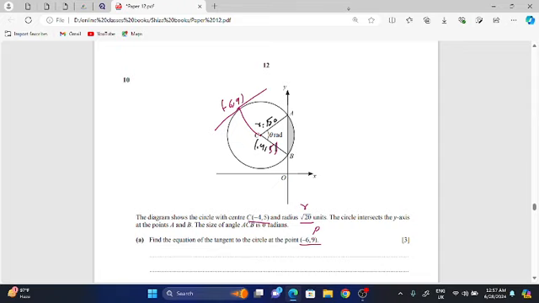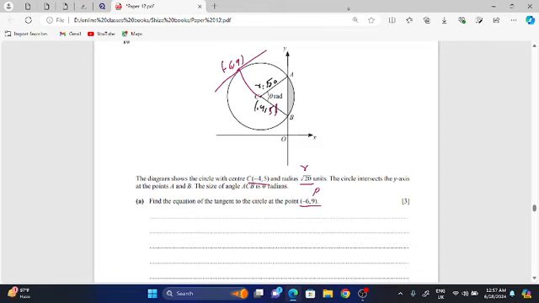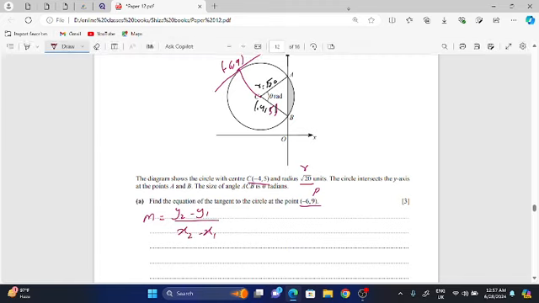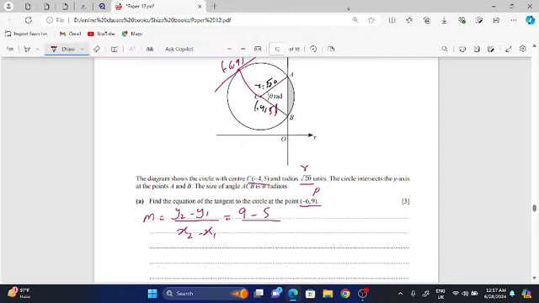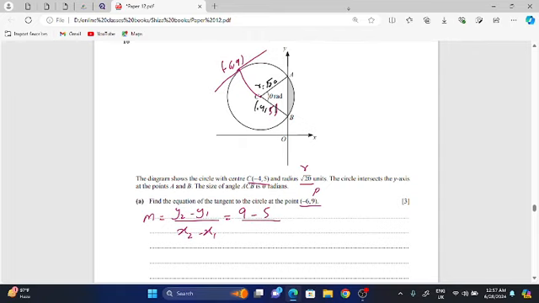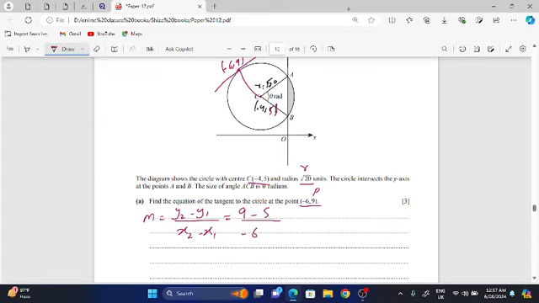So first of all, I need to find the gradient. I need to find the slope, or you can say gradient. That can be written as slope equals y2 minus y1 over x2 minus x1. The value of y2 at the point is 9, so 9 minus 5, where 9 is my y2 and 5 is my y1, divided by x2 which is -6, minus -4.